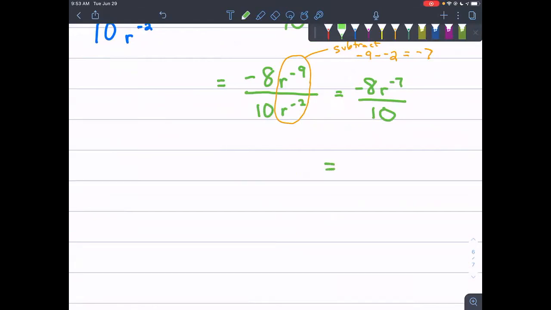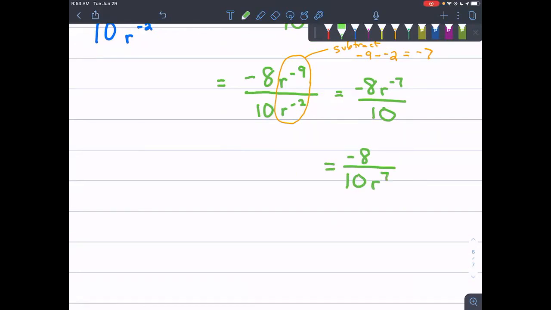So a couple things we'll have to do. I'm just going to do one thing at a time, though. The r to the -7 has to become positive. So that's going to go through the fraction line in order to become positive. And that's going to be r to what power on the bottom? 7.